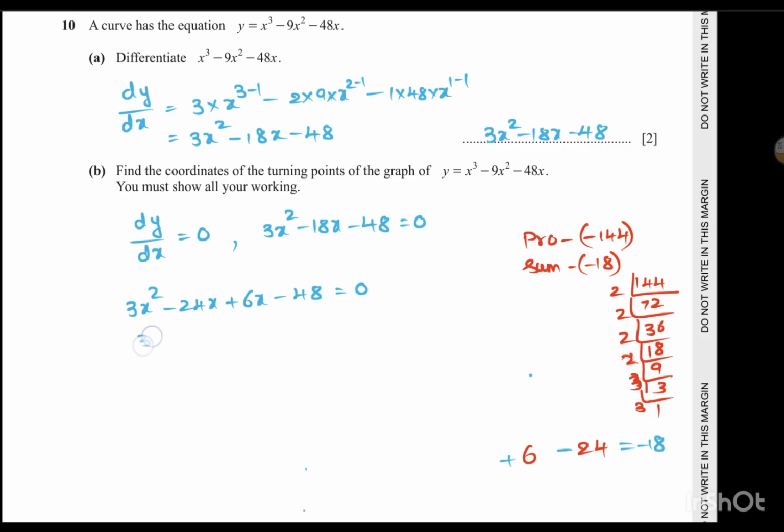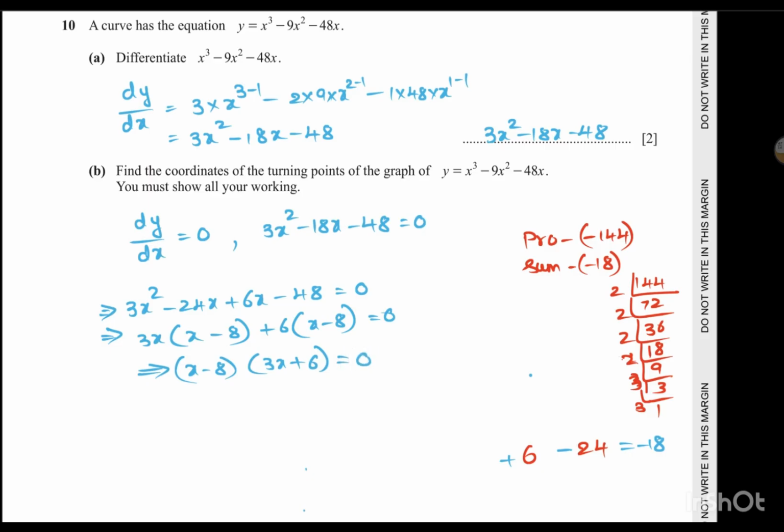If you take 3x out as a bracket, you get x minus 8, because 3x into minus 8 is minus 24x, plus 6 into x minus 8. This gives you x minus 8 into 3x plus 6 is equal to 0.